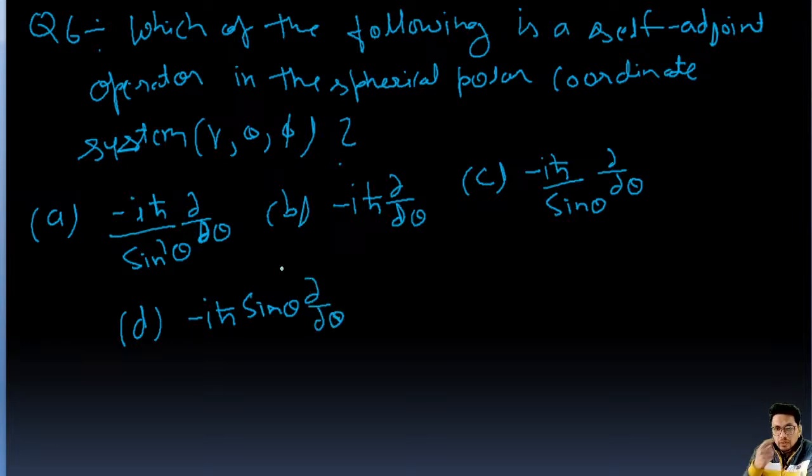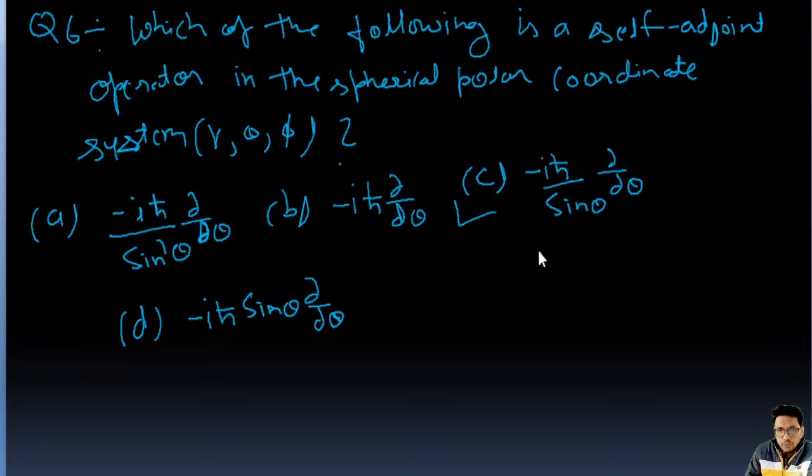So which of the following is a self-adjoint operator in the spherical polar coordinate system? You need to find out the operator which is self-adjoint. This is the correct answer, option C, with i h cut sin theta into del over del theta.